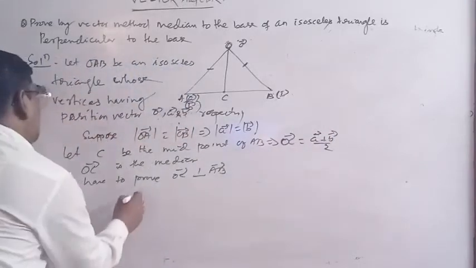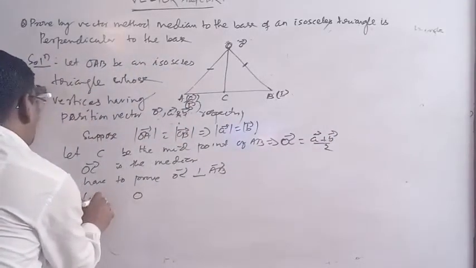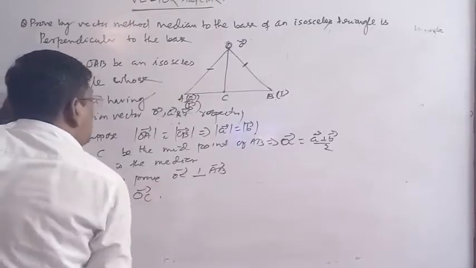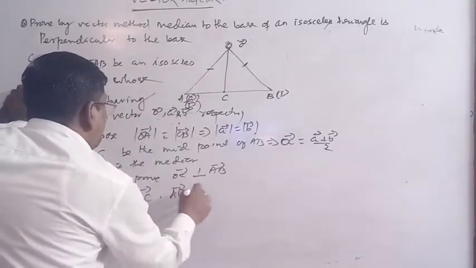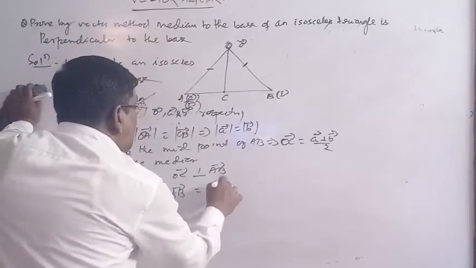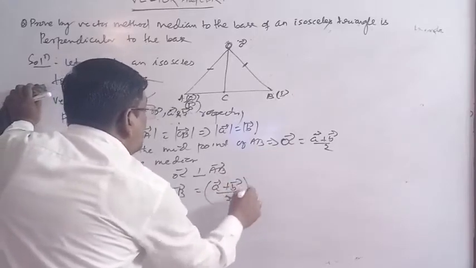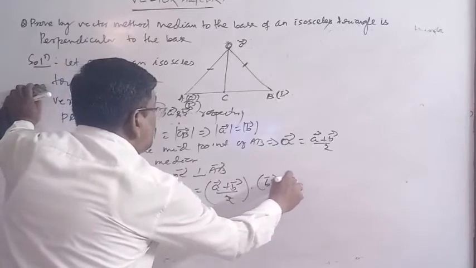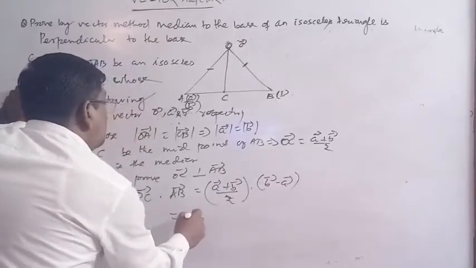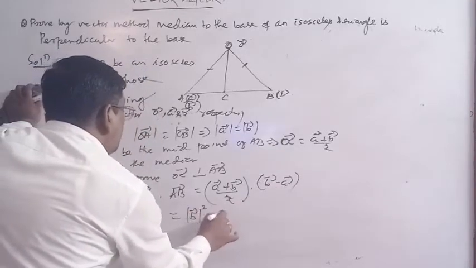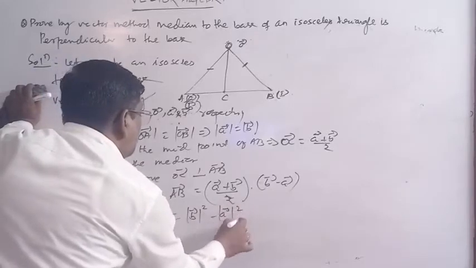Now OC vector dot AB vector: (A plus B) by 2 dot (B minus A). So this is equal to (magnitude B square minus magnitude A square) by 2.